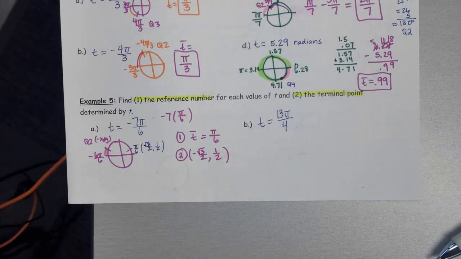Okay, and then think about where your 13 pi over 4 is. So what would one full time around the circle be in terms of pi over 4? 8 pi over 4.